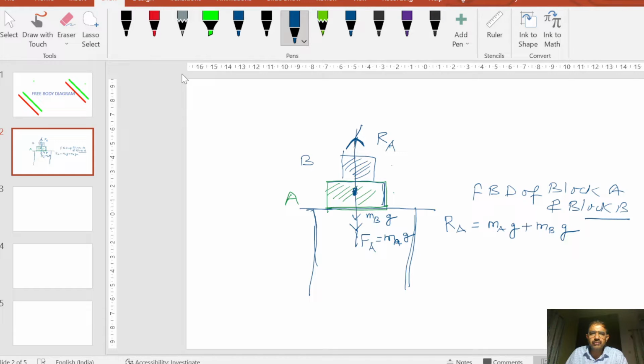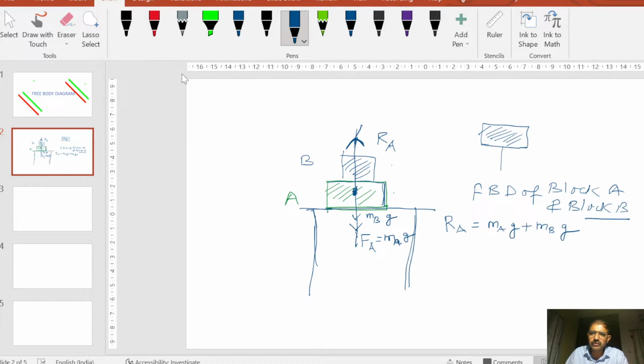Now if you want to draw the free body diagram of block B, then for that I separately consider block B. Suppose this is my block B. Now we are drawing the free body diagram of block B only. So what are the forces?